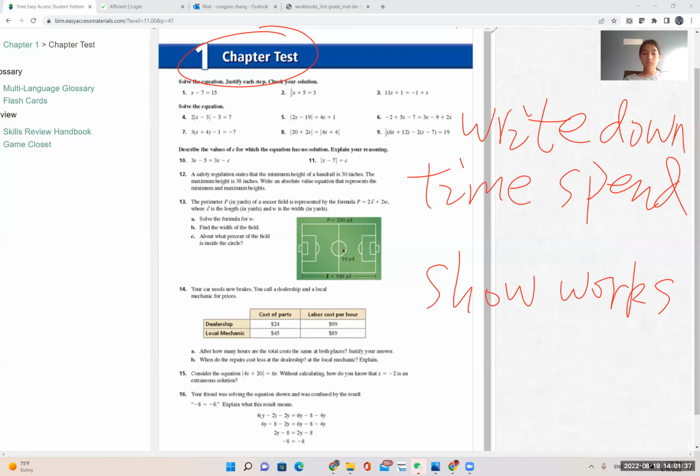Before you start, count time. Before you finish, write how many minutes you spend. But let me set a time limit: no more than 80 minutes.